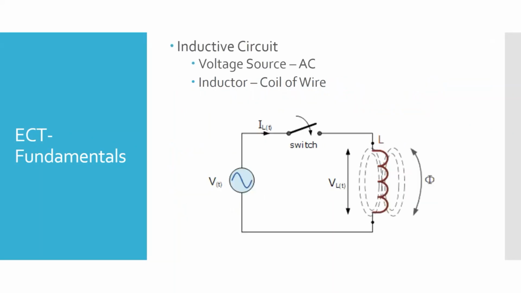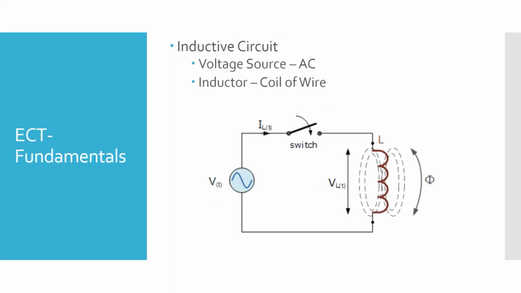So if we look at an inductive circuit, in this case, instead of detecting a magnetic field, like I showed in the previous example, this is developing a magnetic field. So if we take a voltage, and in eddy current testing it's going to be an alternating current, because we always want a changing magnetic field. The voltage in a coil or a wire is only present when the magnetic field is changing.